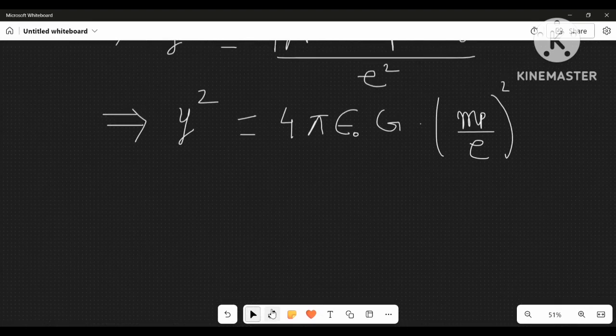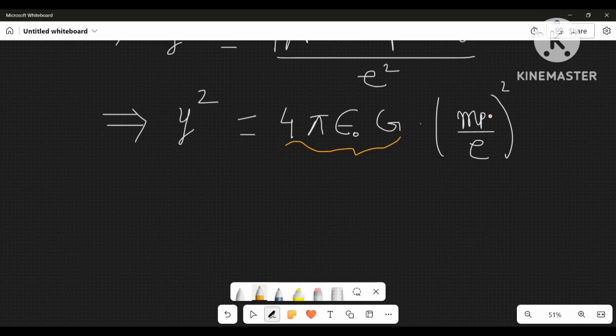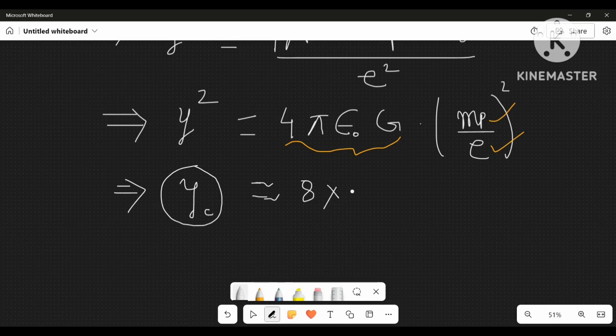You see, this is a constant, and we already know the mass of the hydrogen atom and the electronic charge, so all of these are constants. So that gives us the exact value of y. Let us say the critical value is denoted as y subscript c, for which expansion starts. It would be appropriate to make this almost equal. So that becomes the value I got.